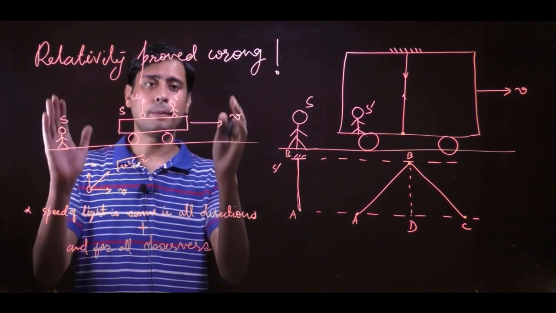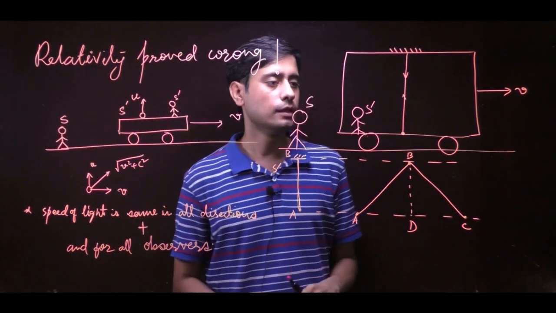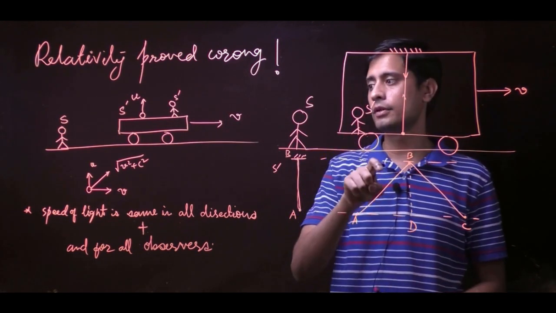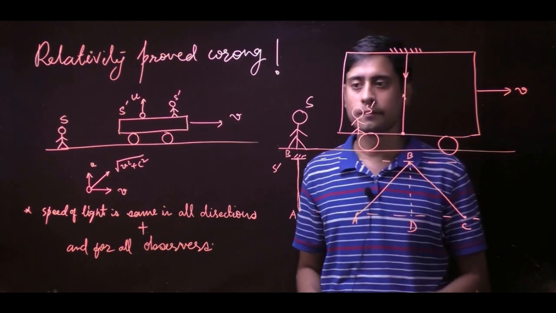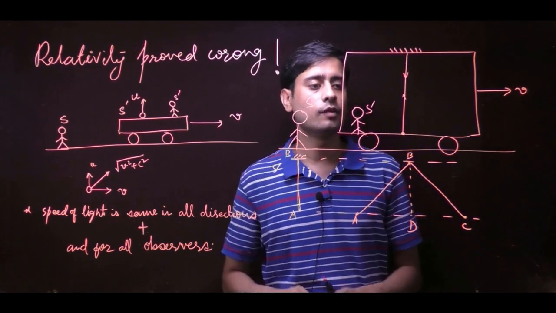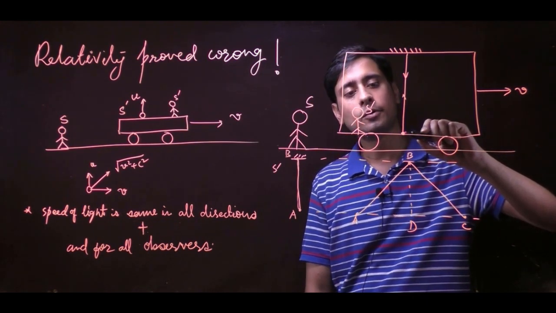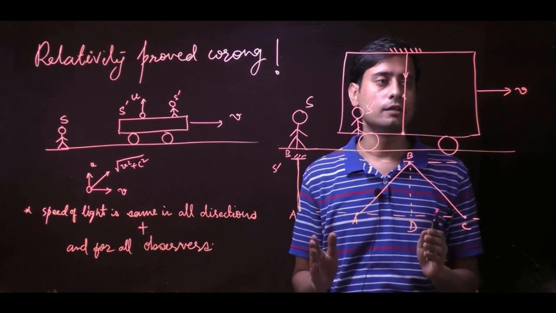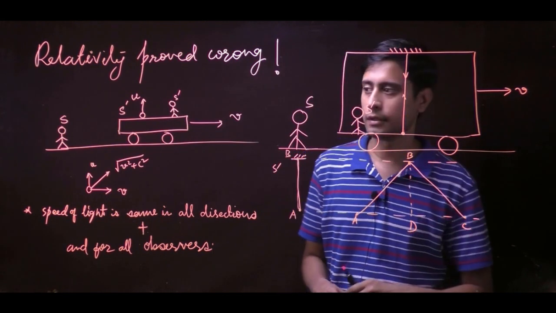Because if you apply this kind of situation in this problem, then for this S prime, light is going upward and downward, so it has speed c upward and downward. But for this S observer, as soon as this beam of light goes out from the source, it already has the speed of the cart, the speed of the train.